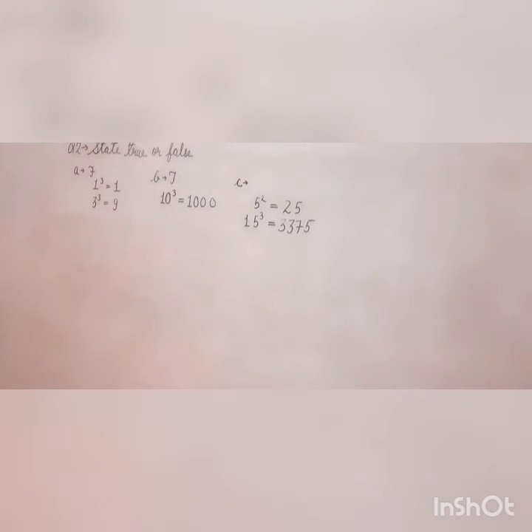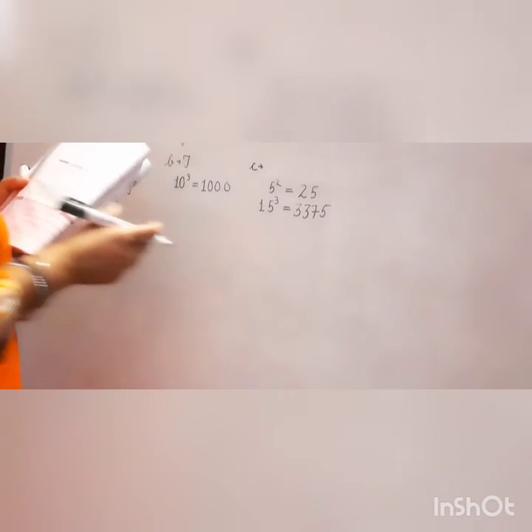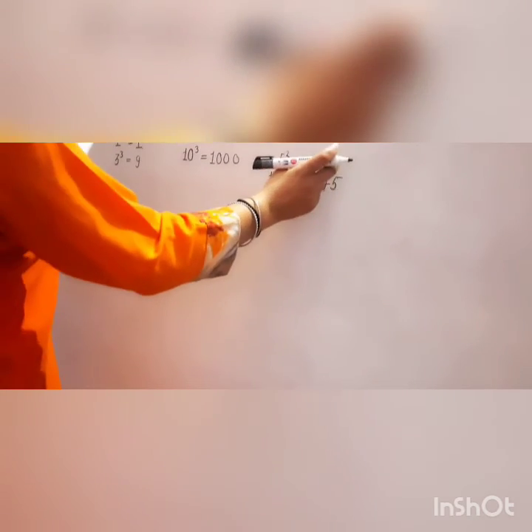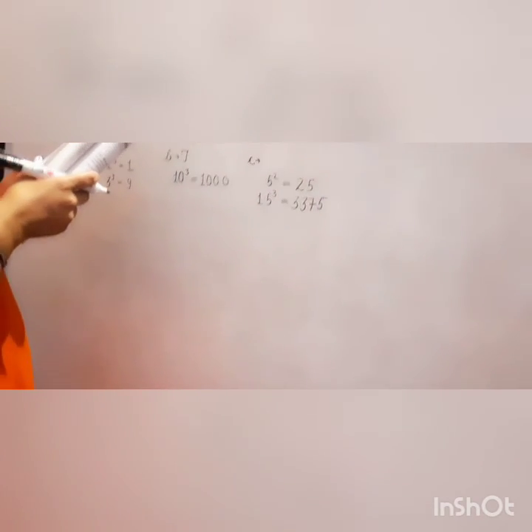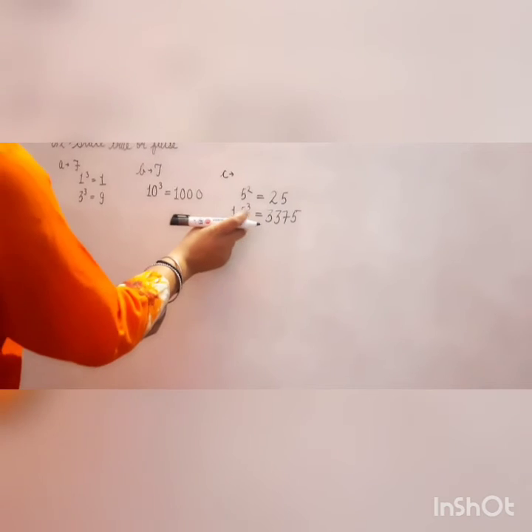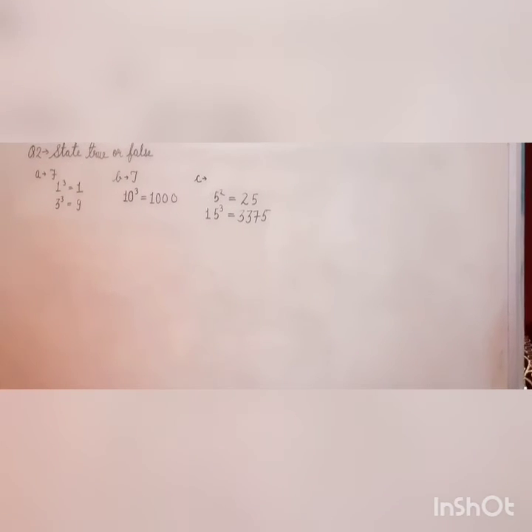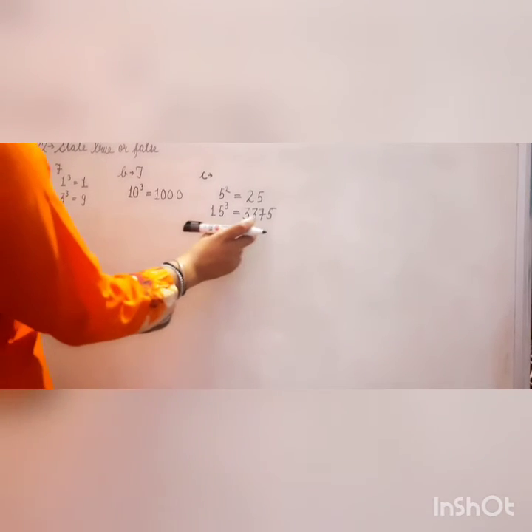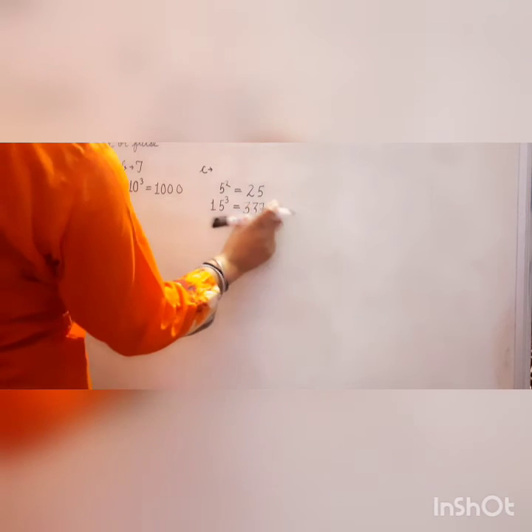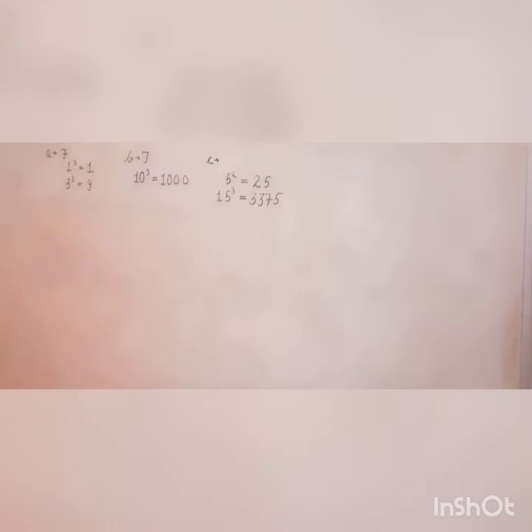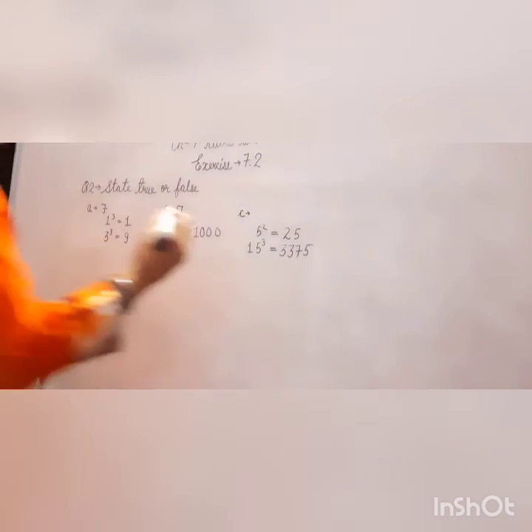You can see that the square of 5 ends with 25, but the cube of 15 does not end with 25. Then this statement is false.